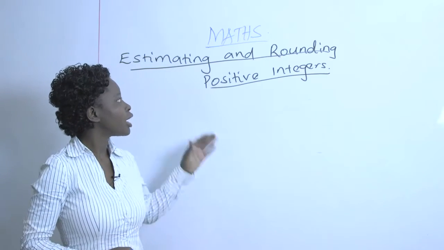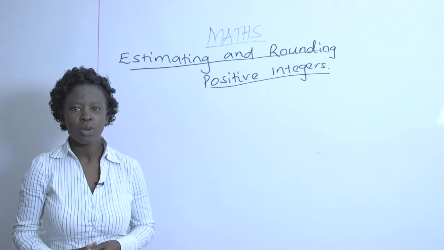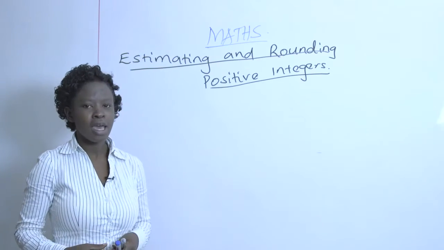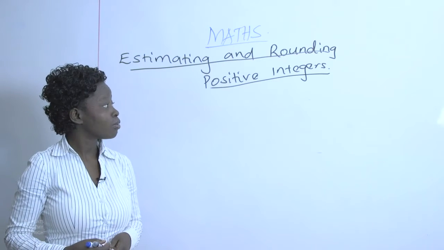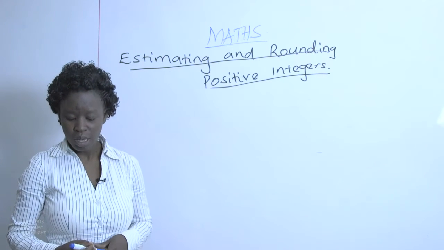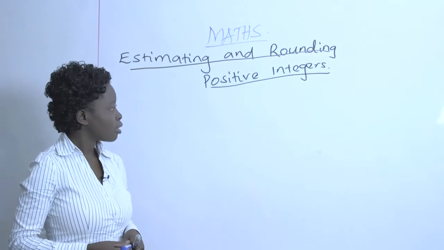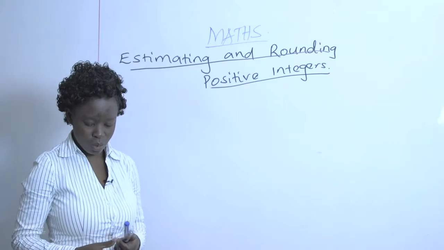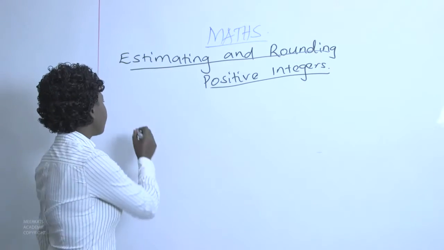So when we are estimating, you are not giving the actual value. You are going to give a figure that is nearer to whatever you are being asked to attain in that given manner. So we start by looking at how we round a given figure.